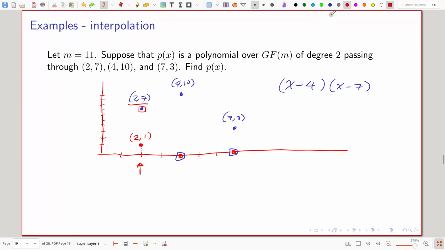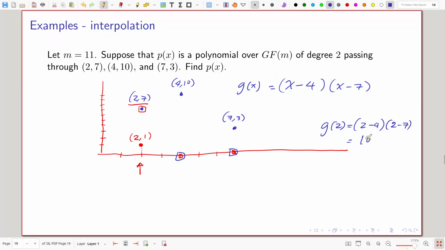So let's see. Suppose this is my polynomial. Let's call it polynomial g. So let's take a look at the value of g at 2. So I plug in g2. What is g2? So it should be 2 minus 4 times 2 minus 7. And what is this? Minus 2 times minus 5.